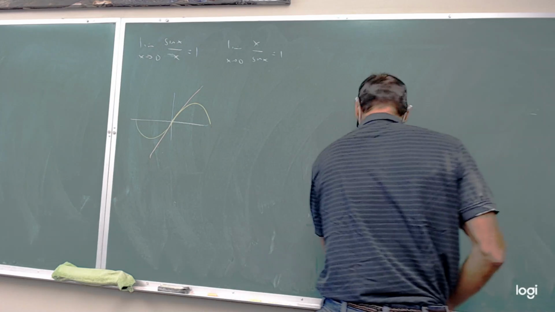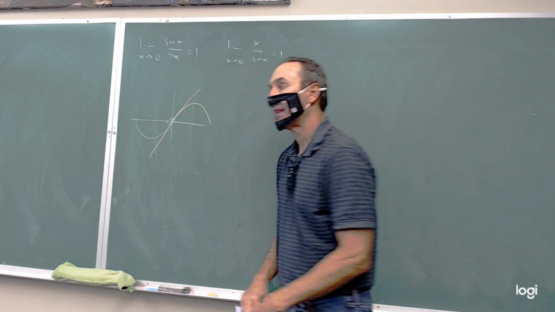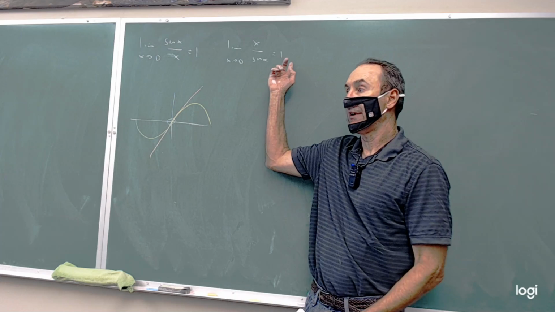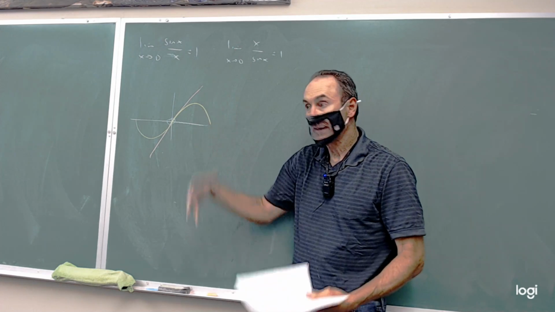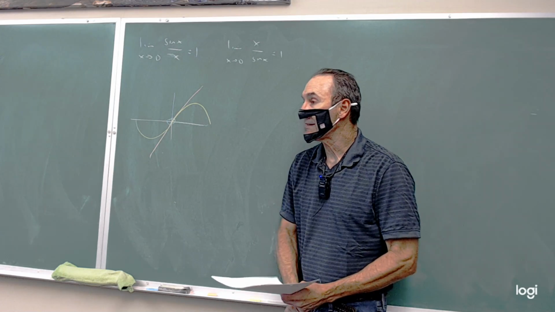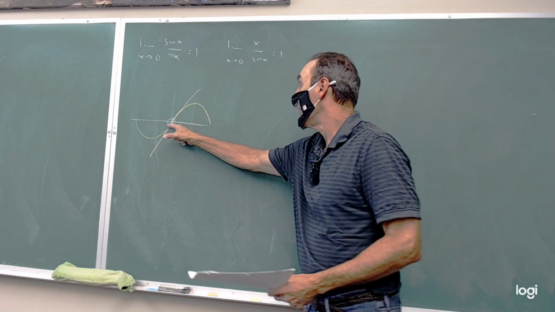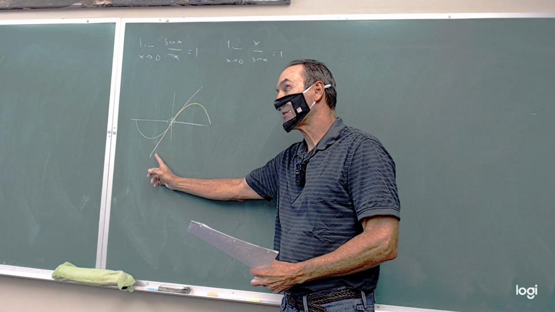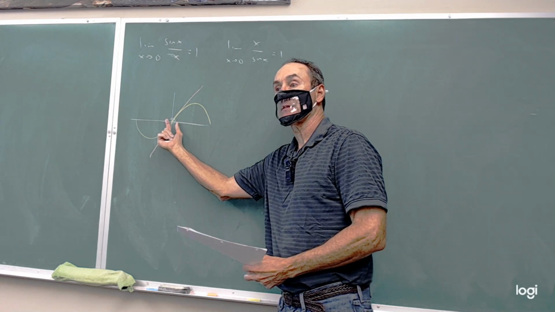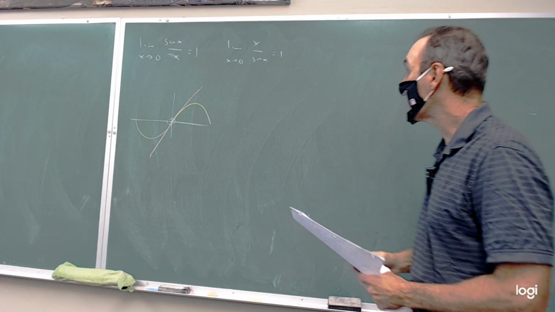So right in around here, they're acting the same. They're approaching 0 at the same rate. That's really what that's saying. It's just kind of interesting to think about how a curve that's so curvy can behave so much like a straight line in this little narrow region around 0.